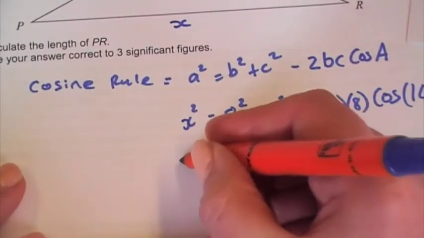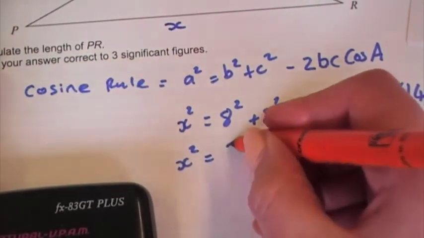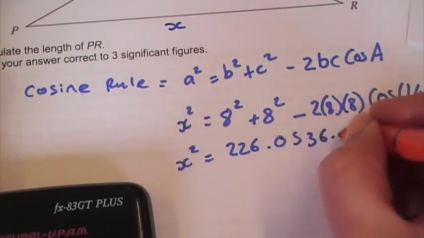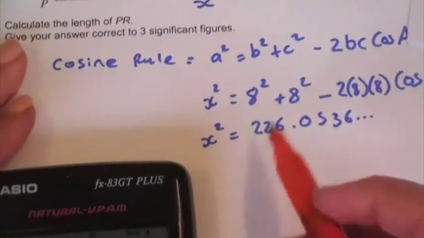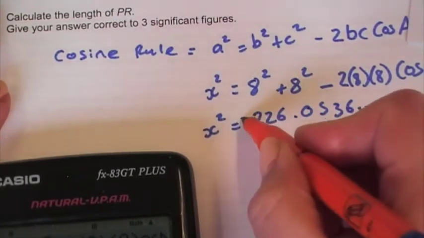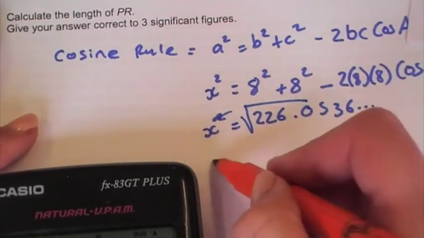So I'm going to write that down, and remember that is x squared equals 226.0536... But I don't want x squared, I want x, so I need to find the root of that in order to get rid of the square there.